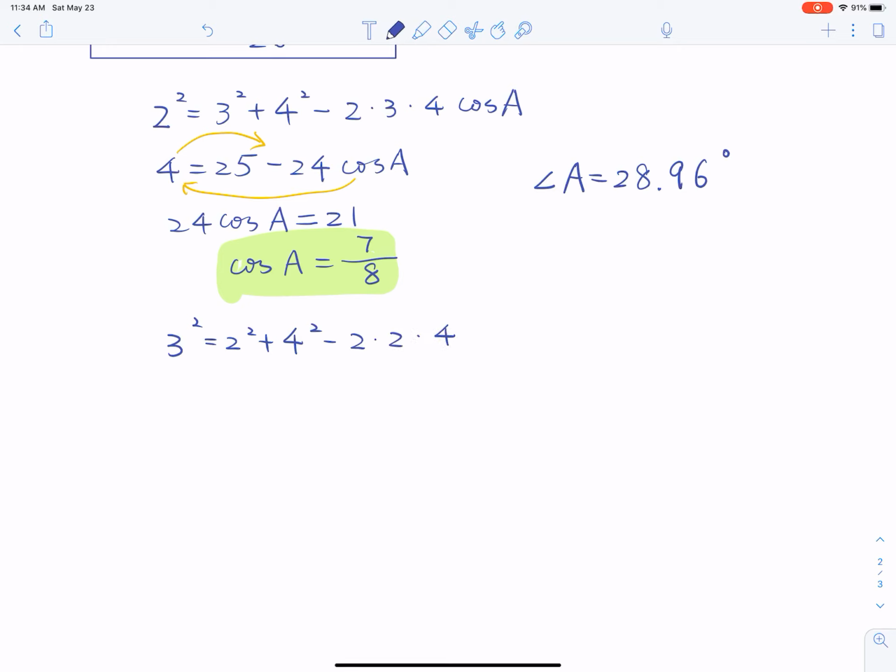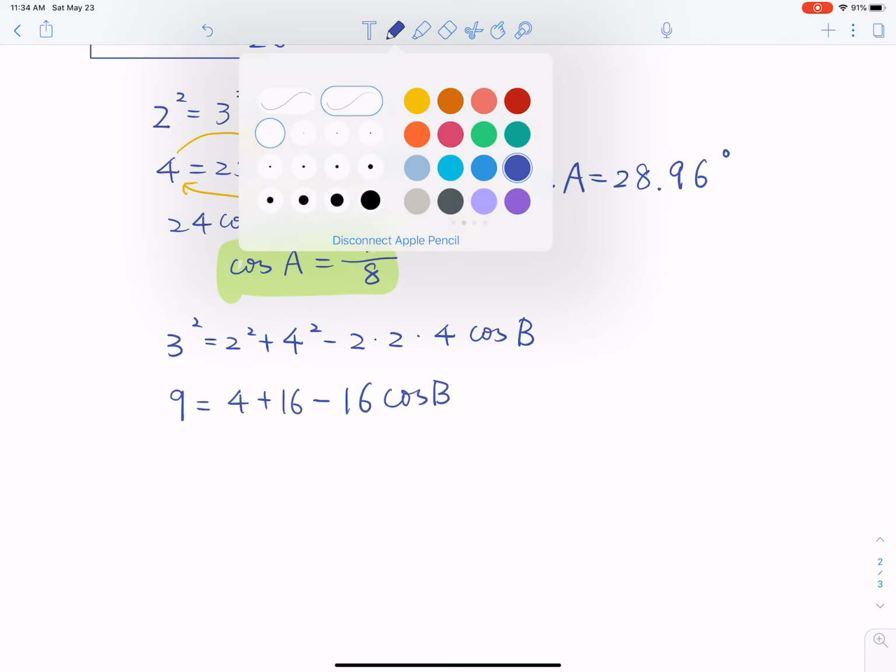2 times 4 cosine B. So 9 equal 4 plus 16 minus 16 cosine B. So 16, move this one, okay, I just write it.